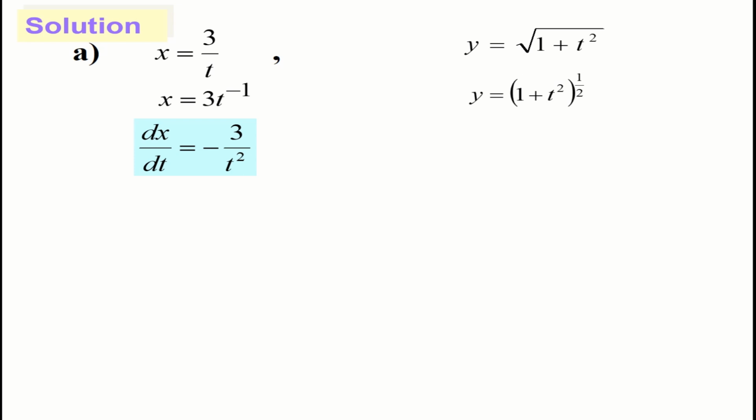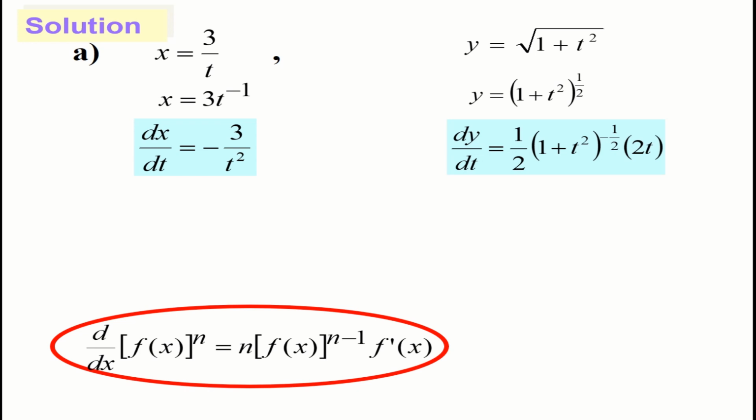So we get dy over dt equals 1 over 2, (1 plus t squared), power 1 over 2 minus 1, multiplied by the derivative of 1 plus t squared, which is 2t. So dy over dt equals 1 over 2 multiplied by (1 plus t squared) power negative 1 over 2, multiplied by 2t.